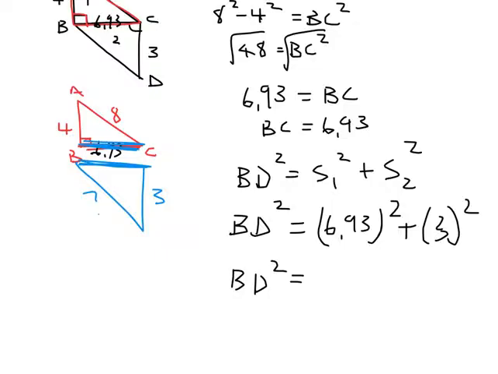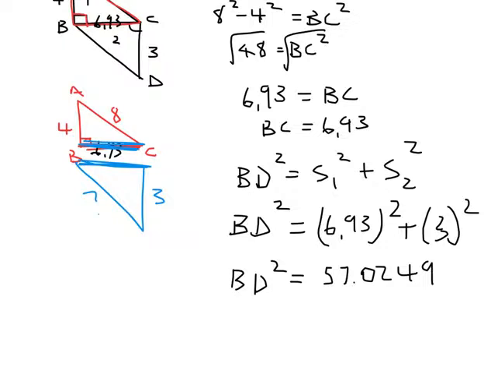So in the brackets you have 6.93, you close, you square, plus 3 squared, equals, then it gives you a value which is 57.0249. Don't round it as yet because this is not your final answer.